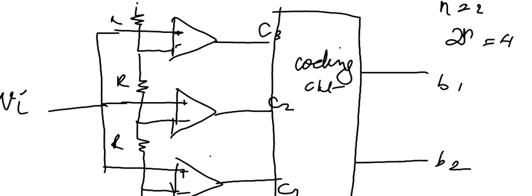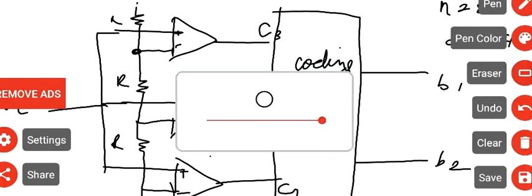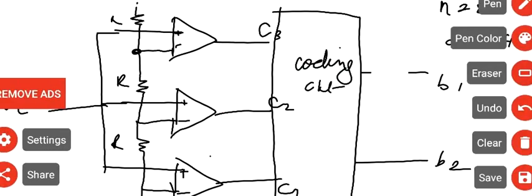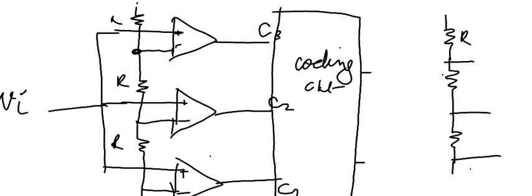This is the plus V volt reference. We have resistance R, then another resistance R, then another resistance R, and another resistance that is grounded.